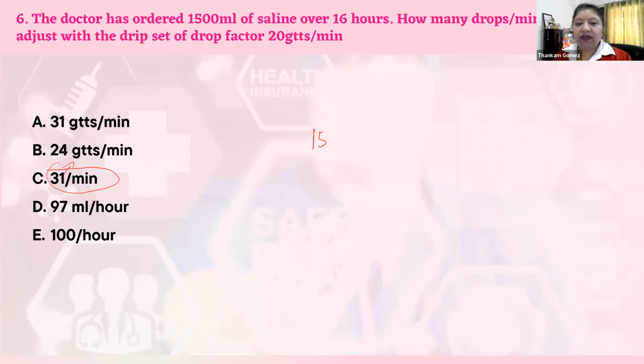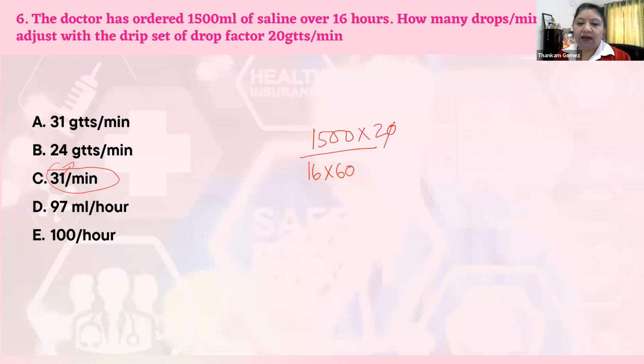I need to give 1500 ml of saline over 16 hours. The answer I have to get in minutes, so I have to multiply the hours by 60. And here is the drop factor. It's not rocket science. You can use this for any kind of IV infusion. It becomes very easy. So this is what I need to give.